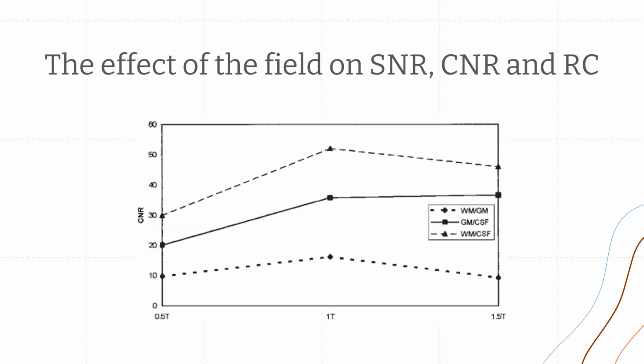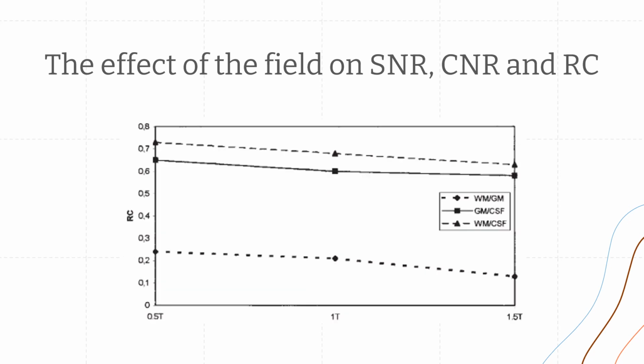Here we can see the effect of the field strength on the CNR, and we can see that the CNR also increased from 0.5 to 1 Tesla, and then has a nonlinearity or flattening due to the factors mentioned before, such as the coil quality and radiative loss and so on.